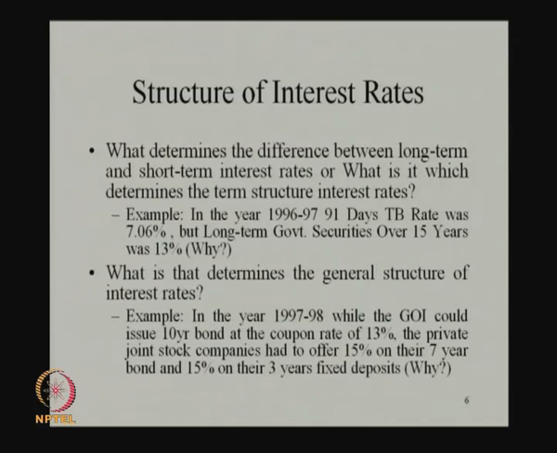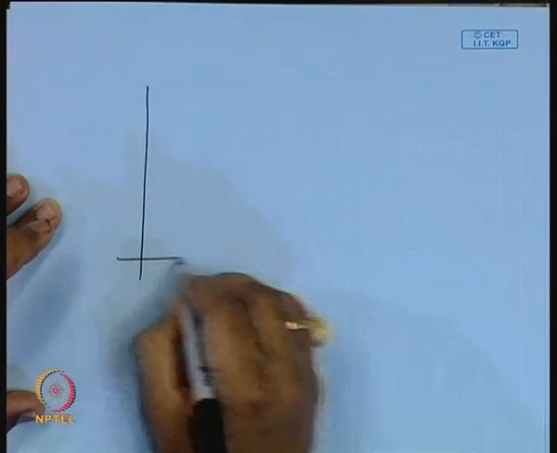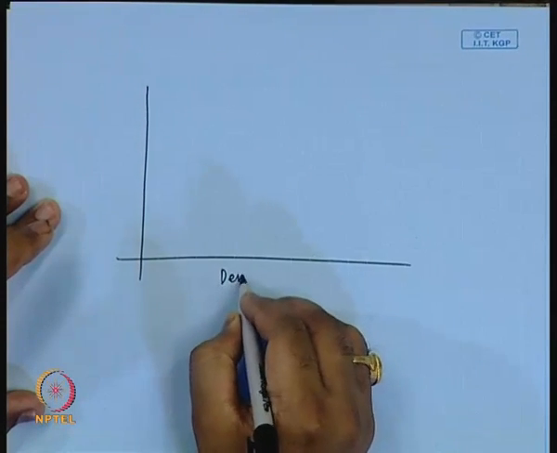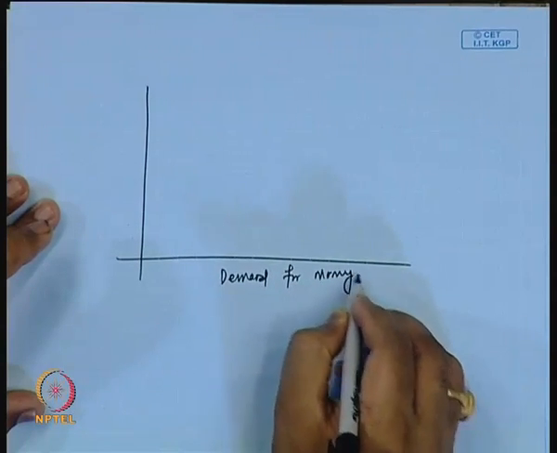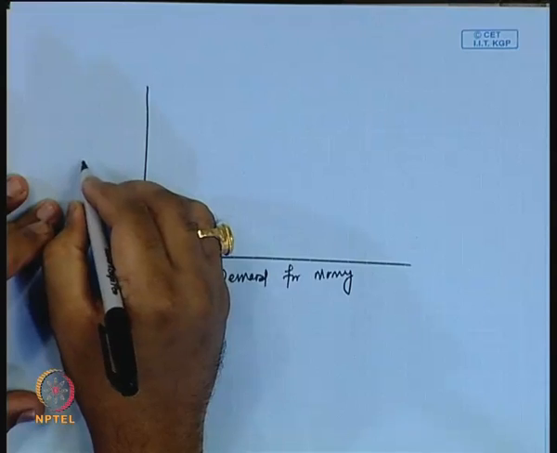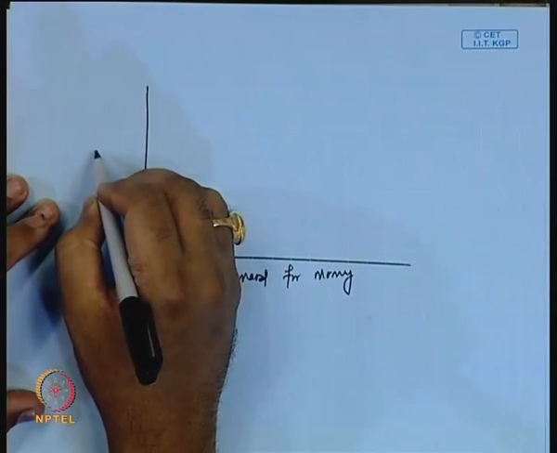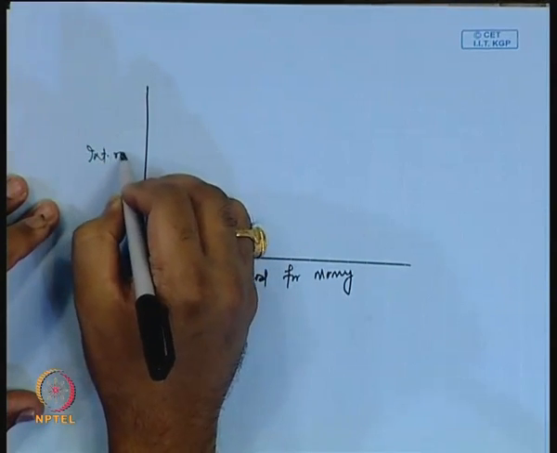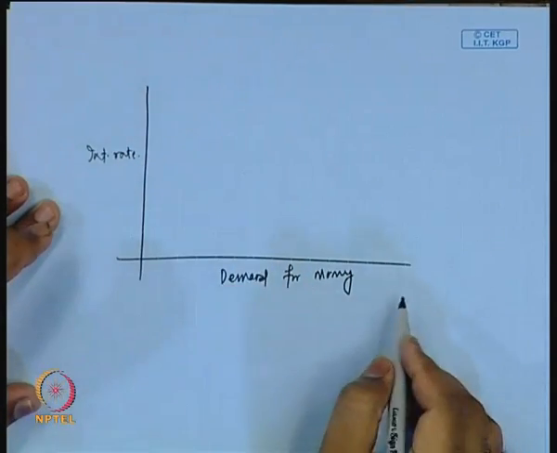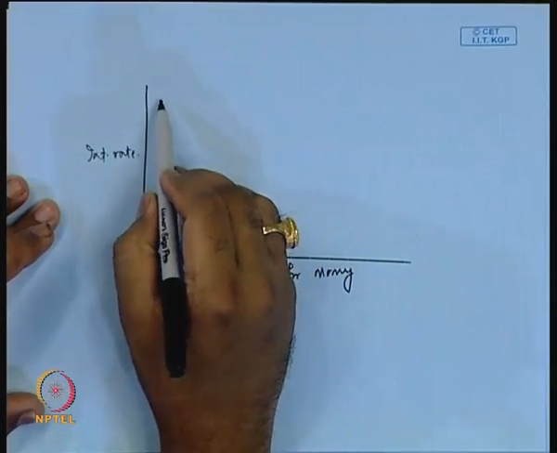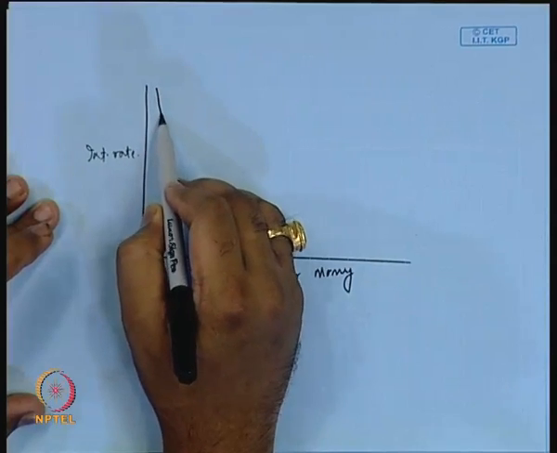But here you see what Keynes said. This is your demand for money, and this is your interest rate. On the basis of this demand for money, the interest rate will move like this.